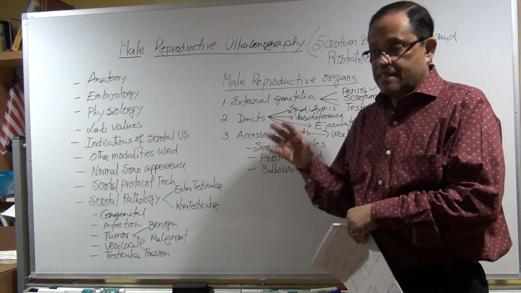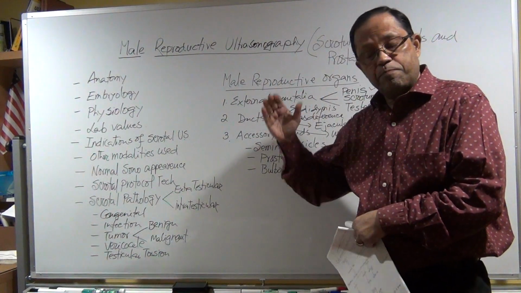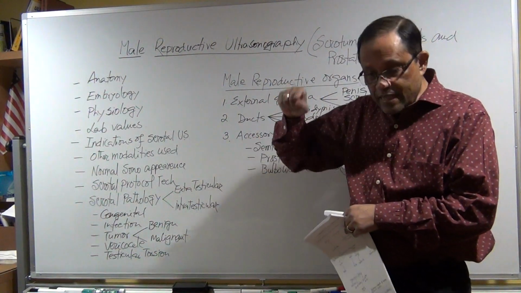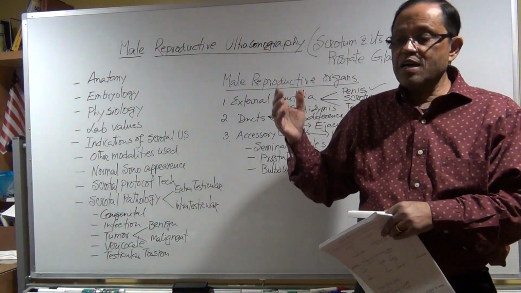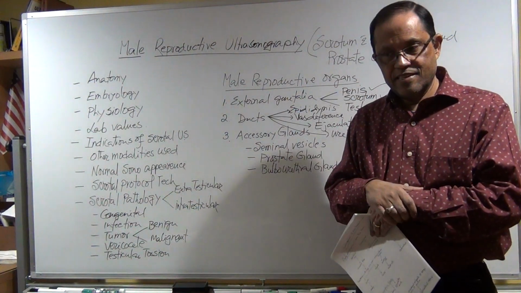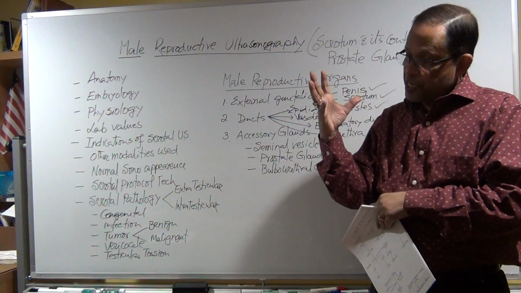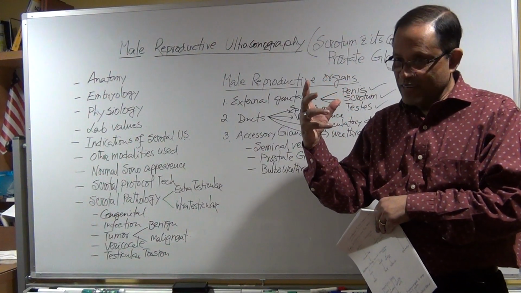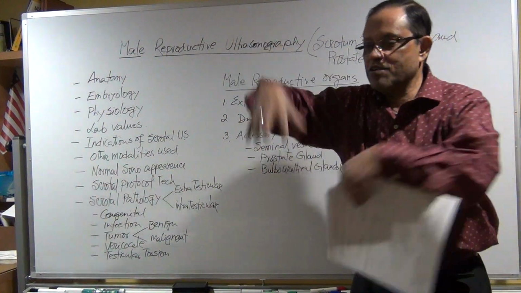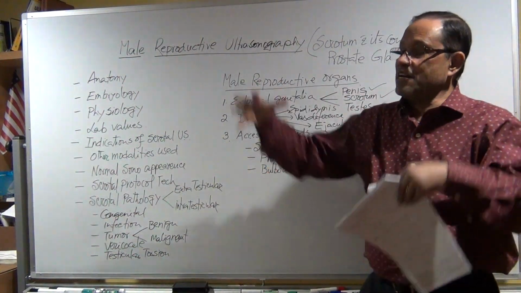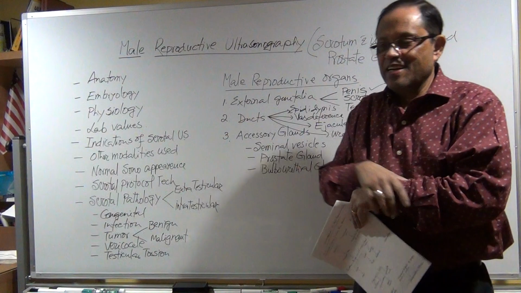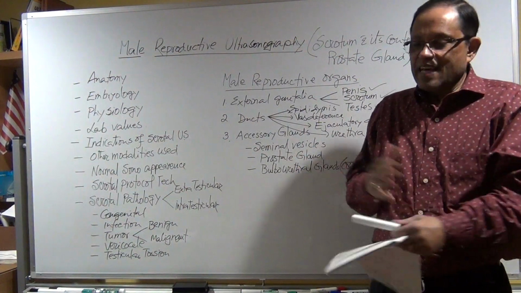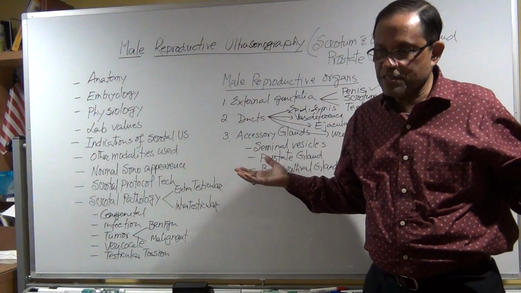This collecting system comes from the mesonephric tubules and the cortex comes from the mesenchymal cells. If the infrastructure, that is the minor calyx, major calyx, pelvis, does not form, then mesenchymal tissue cannot migrate and settle on top of the collecting system. That means there is no kidney formation.